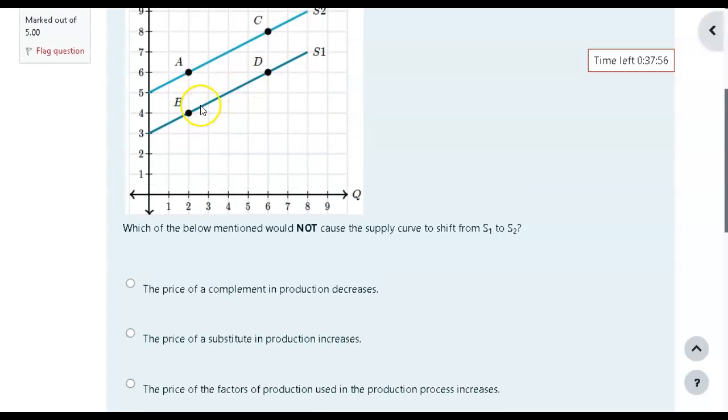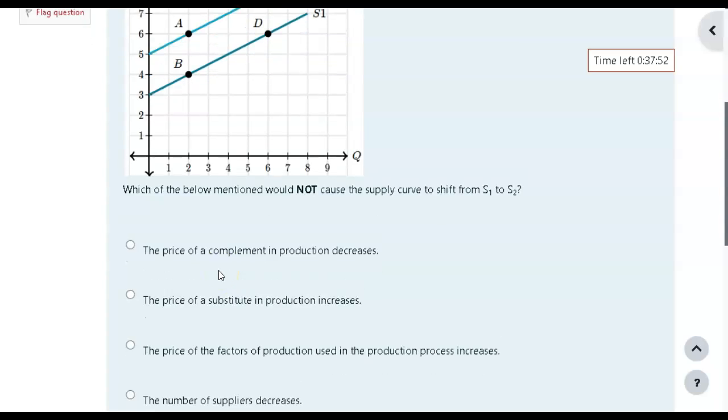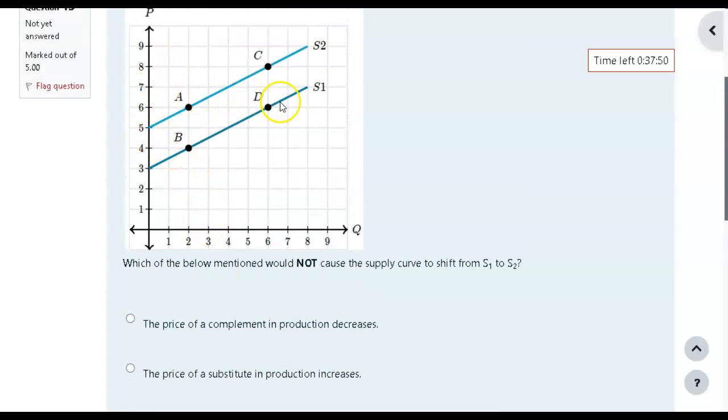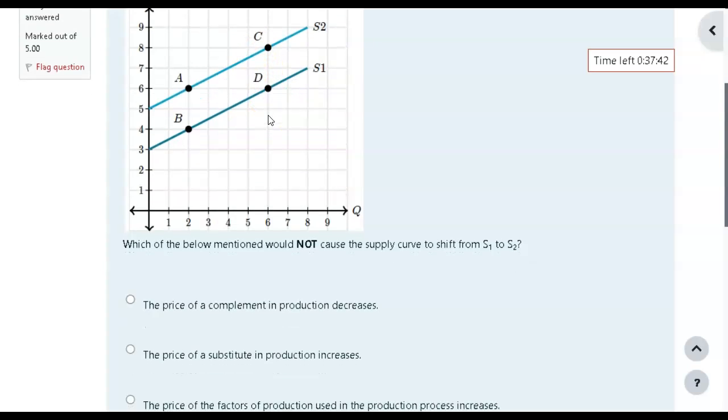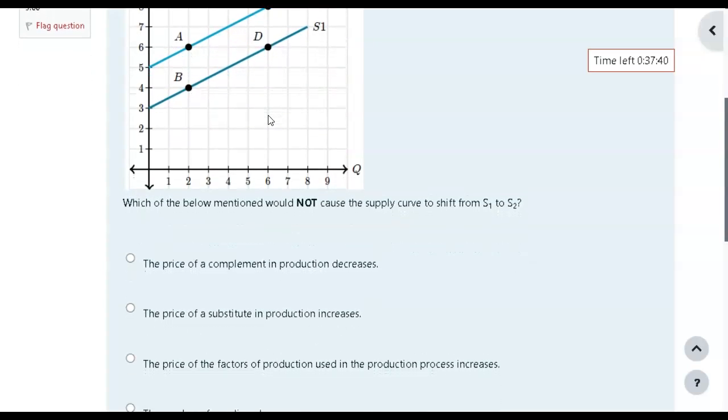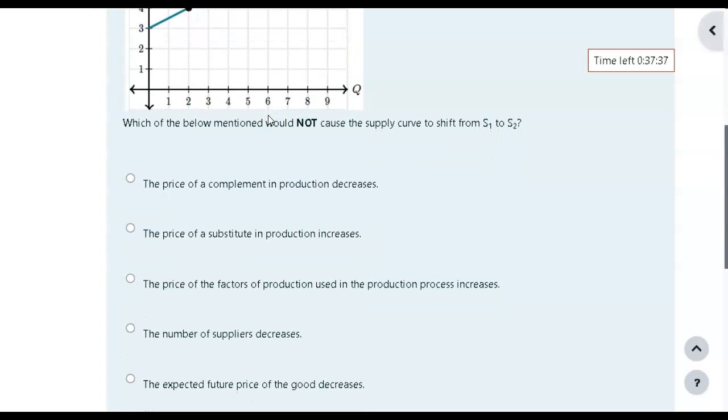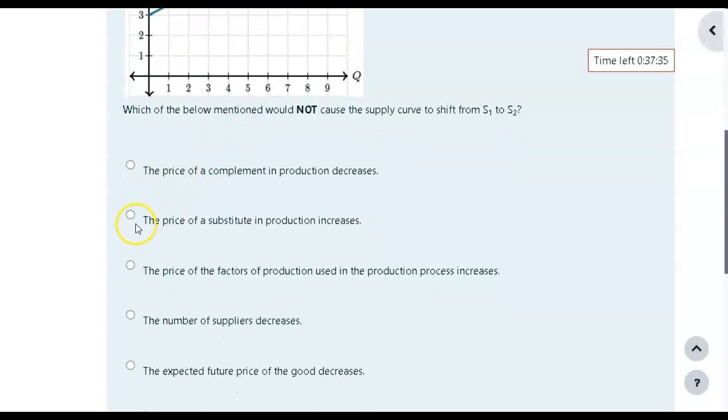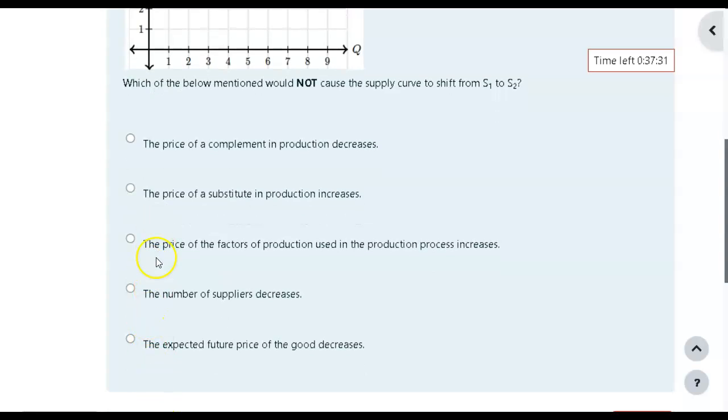Because this is a shift, I will ignore the price, because if price decreases, it'll move along the curve. So if it was from D, it'll move to B because the price decreased. But because of the whole shift, it's not going to be price. Price doesn't cause a shift, remember, always in economics. So I'll ignore number 1, 2, and 3. But this I can look at.